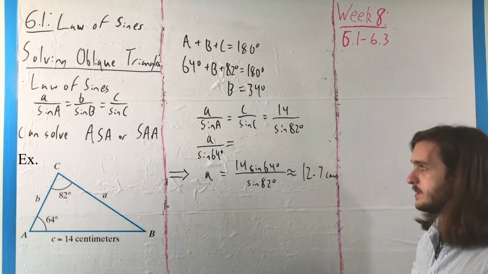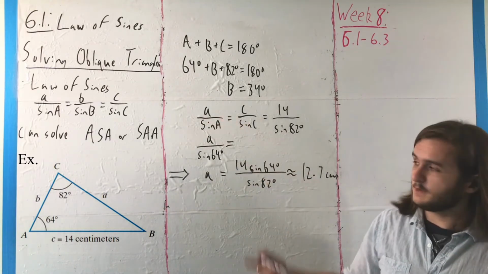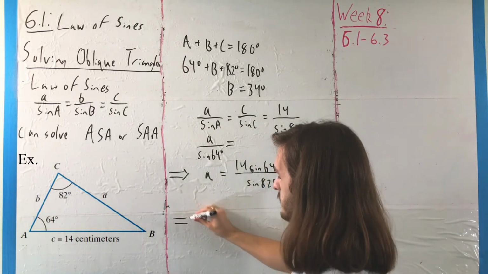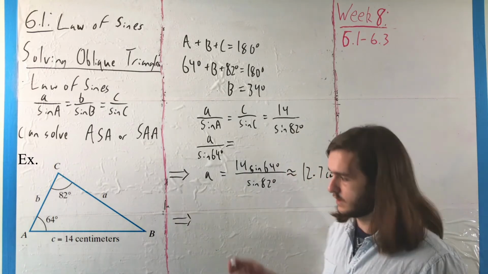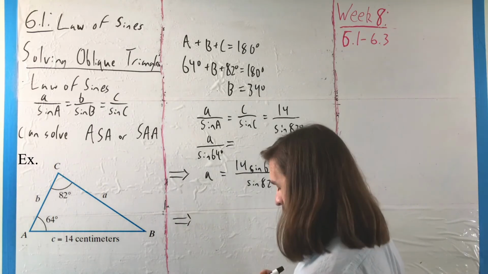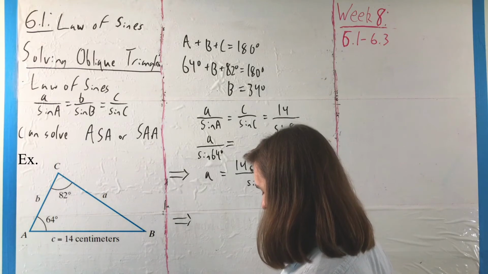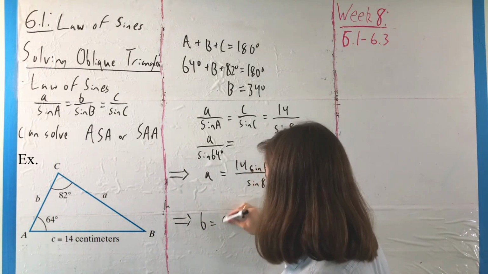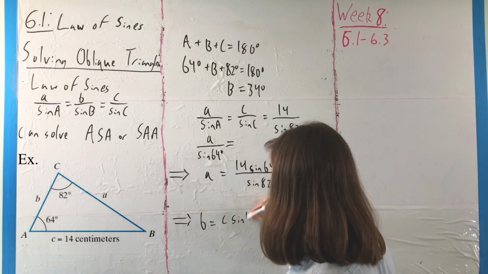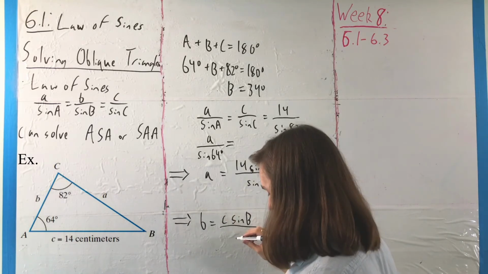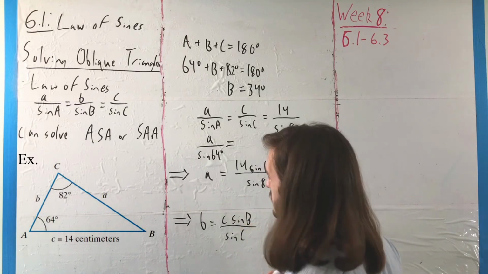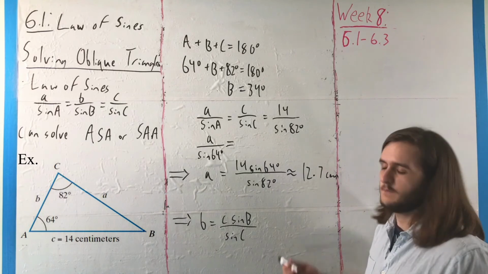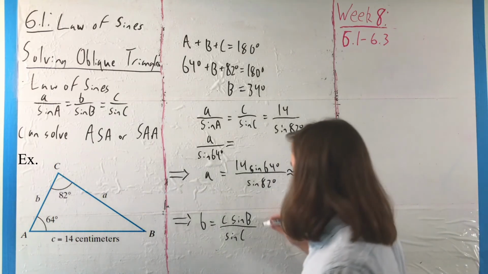Similarly, if we change this relationship and talk about b over sine of B, we get the exact same thing. As a result, I'm not going to copy down all of the work because it's the exact same work and I don't have a lot of space. We could say that b is equal to c times sine of B over sine of C, or if we prefer, b is equal to a sine of B over sine of A. It works the exact same way.